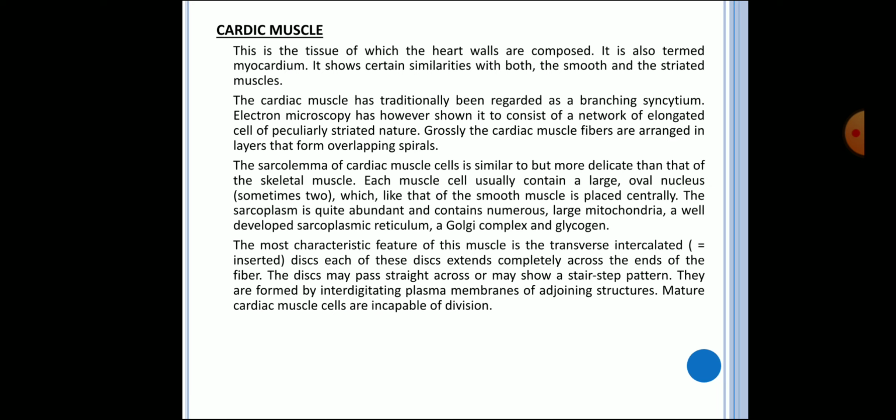In the atria, there are small granules near the nucleus, which are not seen in the ventricles. These granules have an endocrine function, regulating the excretion of sodium by the kidneys.